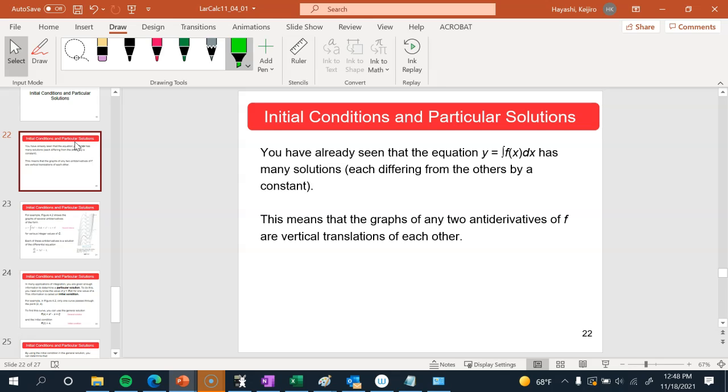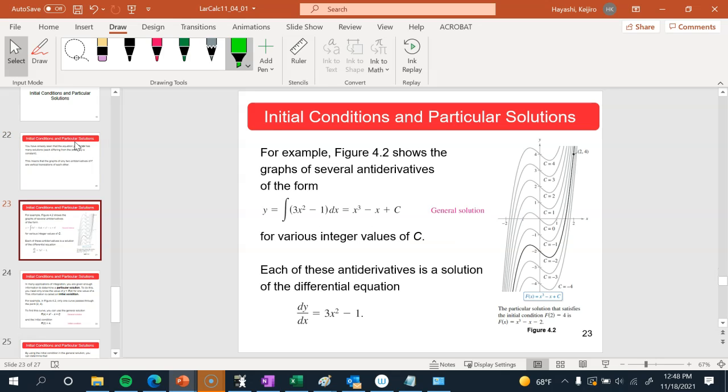But if they all differ by whatever constant they end up with at the end, what that means is that every member of that family is just a vertical translation of each other.